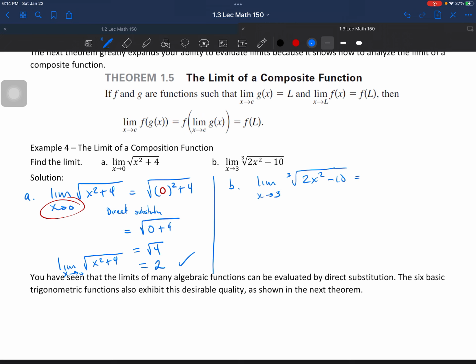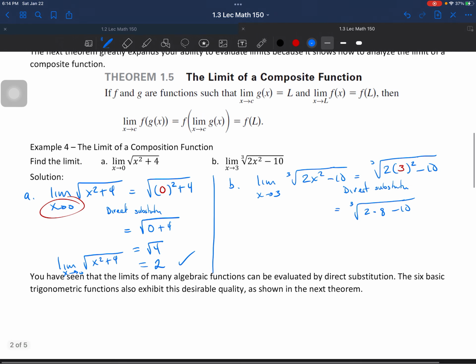We'll use direct substitution. So we have the cube root of 2 times x squared minus 10. And so we end up getting the cube root of 2 times, and following order of operations, times 8 minus 10.